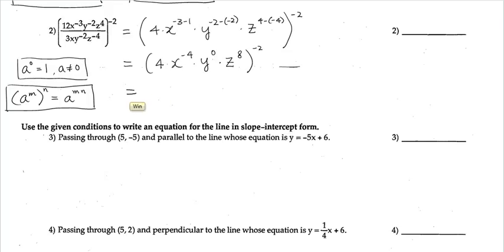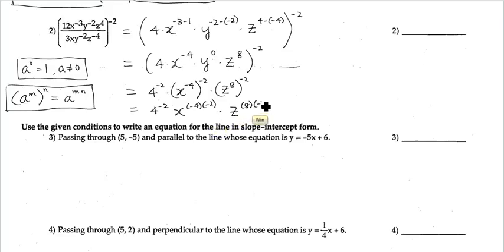So this time we will have 4 raised to the negative 2 times x raised to the negative 4 and then raised to the negative 2 times z to the 8 and raised to the negative 2. So that becomes 4 to the negative 2 x raised to the negative 4 times negative 2, and then times z raised to the 8 times negative 2.